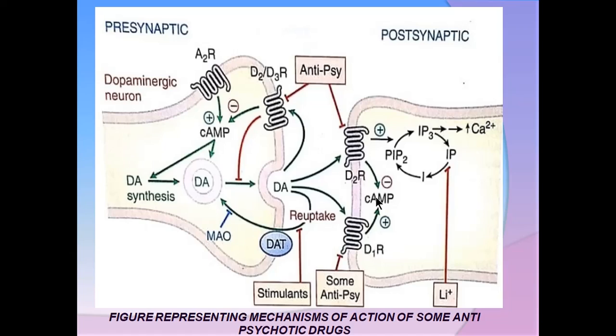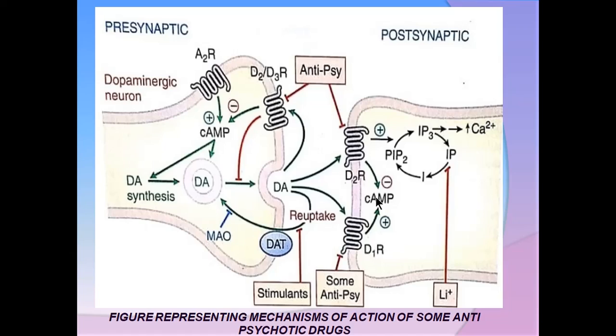D2 receptors couple through Gi to inhibit adenylyl cyclase and through Gq to activate the phospholipase C-IP3-calcium ion pathway. Activation of the Gi pathway can also activate potassium ion channels, leading to hyperpolarization.